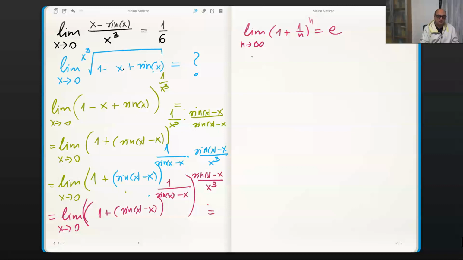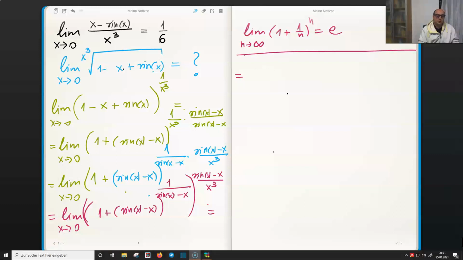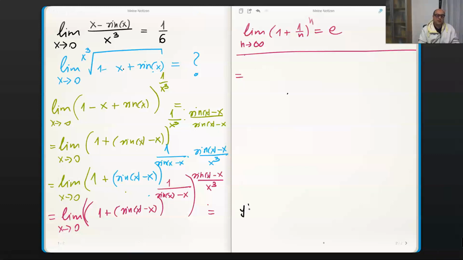I'm only applying the common power rules. So what is happening here? Let us call y as sine of x minus x. Since x is approaching 0, y is also approaching 0.